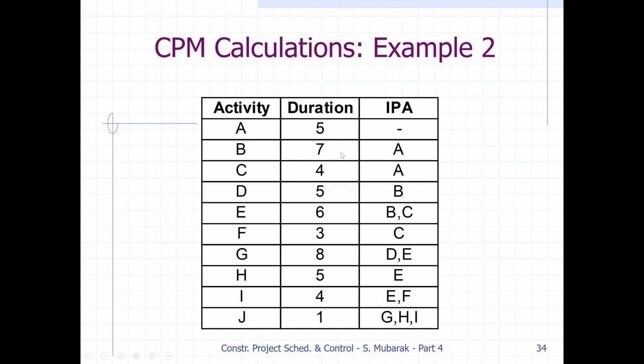B is 7 days duration after A, C is 4 days duration after A, D is 5 days duration after B, and E will be after B and C, F will be after C, and G will be after D and E, and H will be after E, and I will be after E and F, and J will be after G, H, and I. So J is the last activity, and the 3 activities are its predecessors. So we draw the diagram.